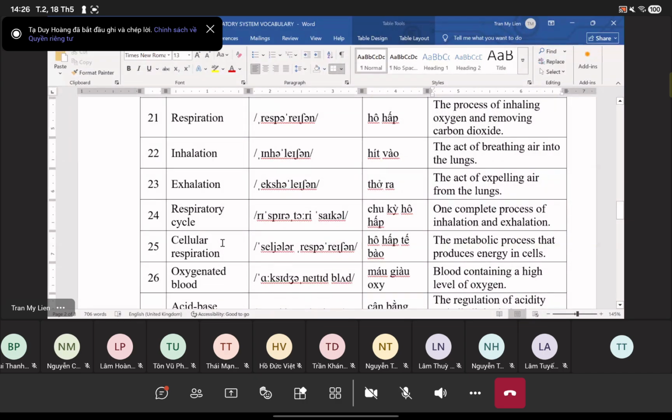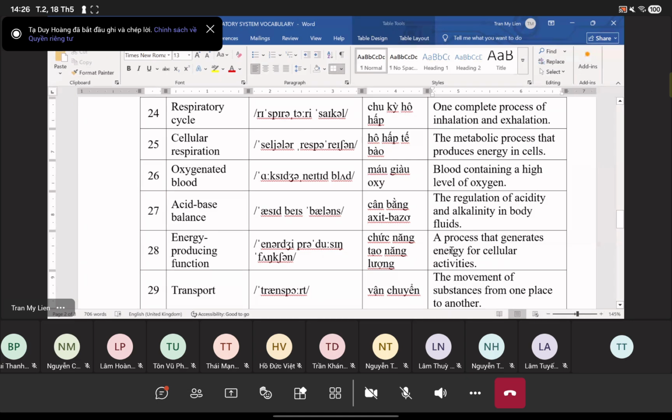Cellular respiration, the process that produces energy in cells. Oxygenated blood, acid-base balance, energy producing function.